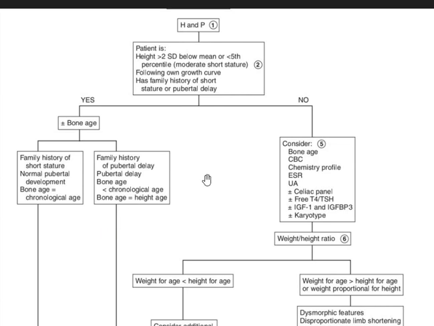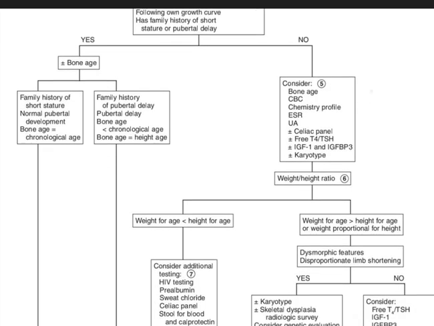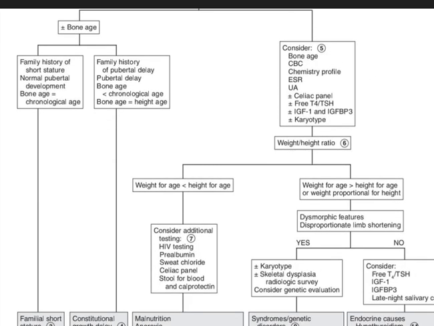But if there's no family history, then you check the bone age, complete blood count, chemistry profile, ESR, celiac panel, T4, TSH, insulin-like growth factor 1, insulin growth factor binding protein, and karyotyping. Then you check height, weight, and height ratio. If the weight for age is less than height for age, you consider additional testing for HIV, prealbumin, sweat chloride, celiac panel, stool for blood, and calprotectin.